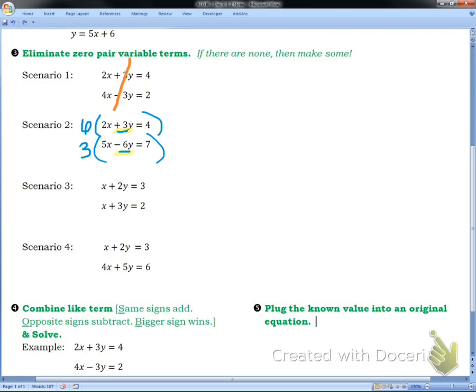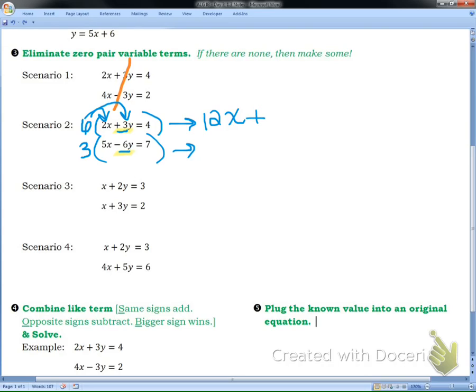So now that I know what number I'm going to multiply by, I will simply multiply every term by that number. Just kind of like in step 1. So I multiply the top equation by 6. 6 times, and you're using your distributive property. 6 times 2 is 12x. Don't forget your variable. 6 times positive 3y. Notice what I'm doing.